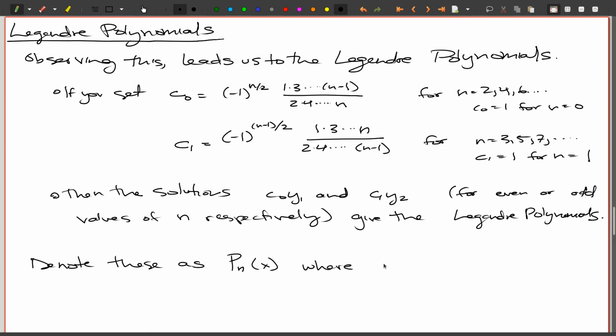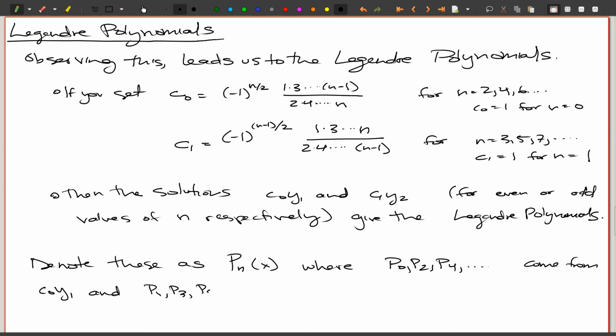And then P0, P2, P4, and so on come from the even part of the solution that gets cut off, and P1, P3, P5, and so on come from the odd part of the solution that gets cut off.